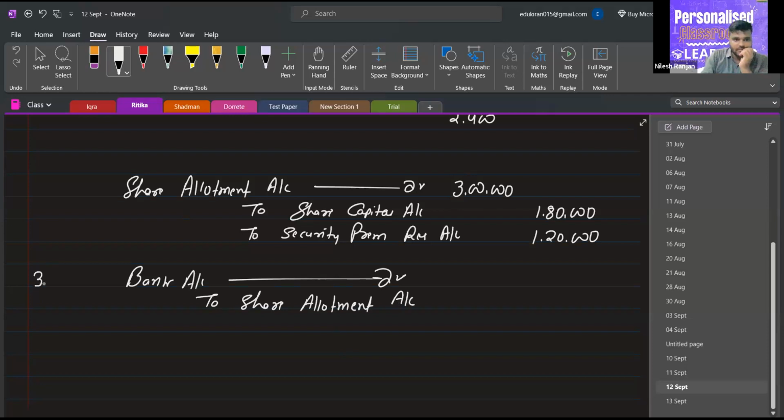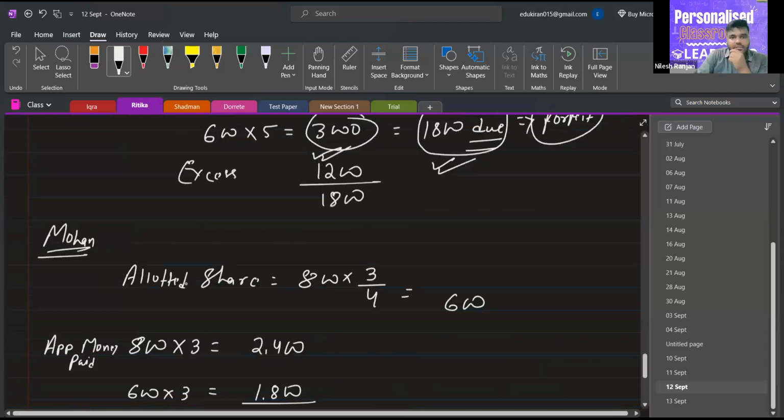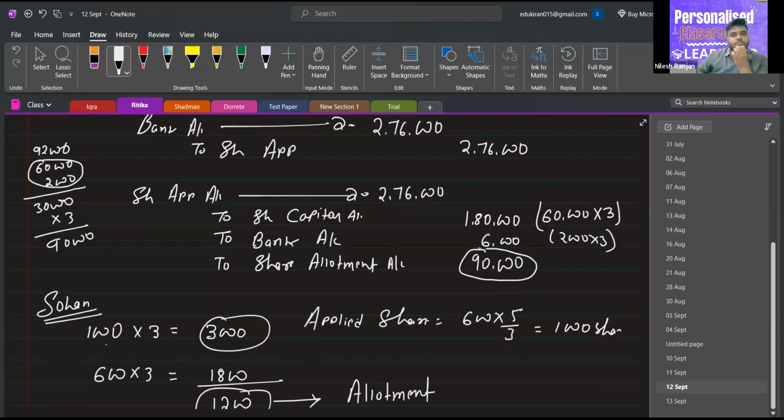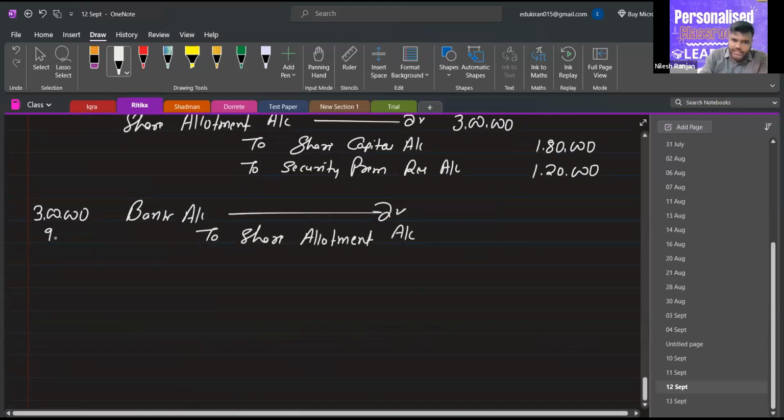Yes, sir. And in this 3 lakh, we have received extra amount of 90,000 at the time of application. So how much money now we will get? We should get 2,10,000. We will deduct 90,000 from here.